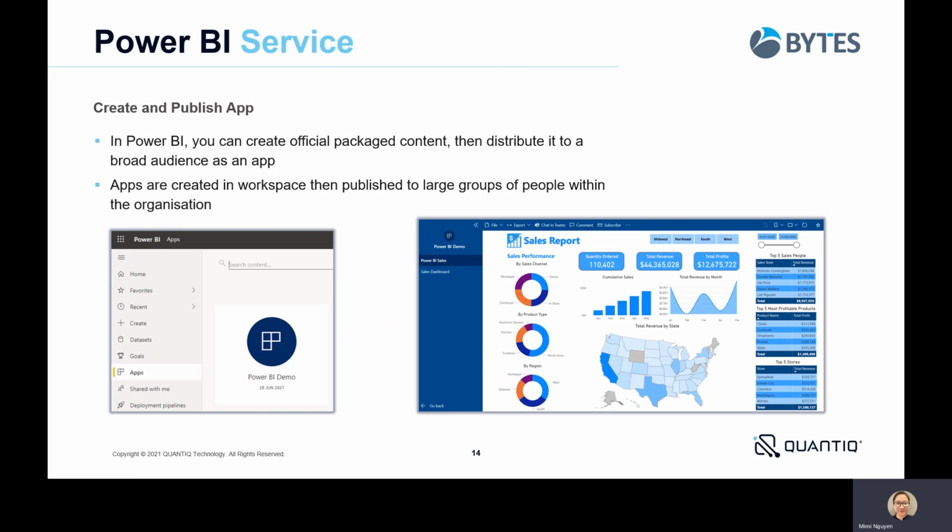And then users within the organization with the right access can install the app and automatically have access to all of the dashboards and reports that you have already added to the workspace. So this is a very easy way to share Power BI reports and dashboards with a broad audience, like with the whole organization as well, if you share it based on the Azure Active Directory group.